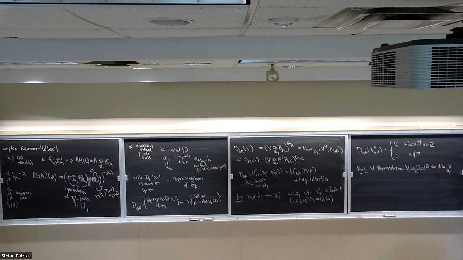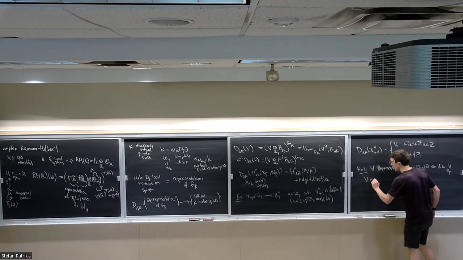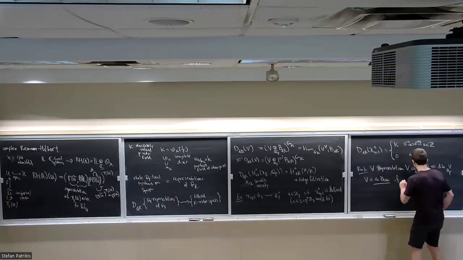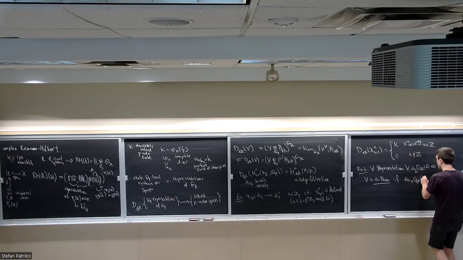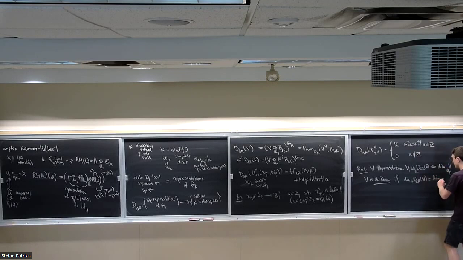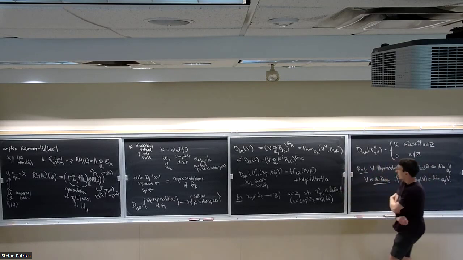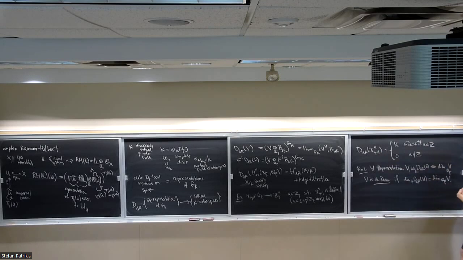And if equality is attained, then I'll call the representation de Rham. In particular, all representations arising from homology of varieties are de Rham. But all these powers of the cyclotomic character for non-integral exponents are not de Rham.